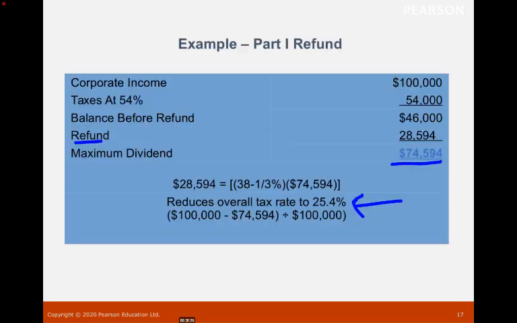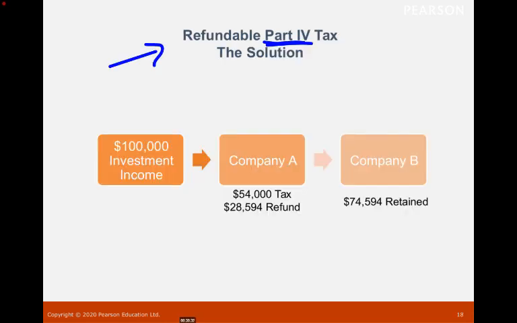We're done with the additional part 1 stuff and that refund. We have another potentially refundable tax, and this one's called part 4. We've skipped ahead. There's no 2 or 3 to worry about. We're going right to part 4.